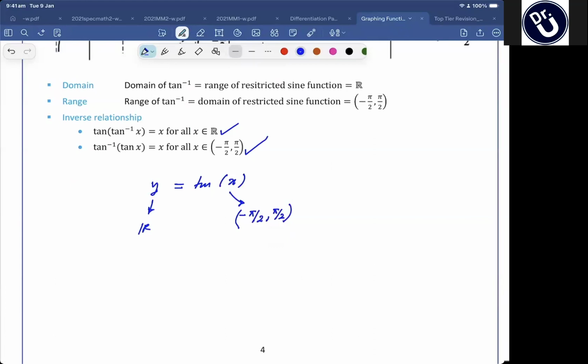So that means if you have y is equal to tan inverse x, this inside part would be a value. So you have to understand this inside part would be a value. So that means this is the value part when you think about the reverse. So this x should be real, right? X should be real.